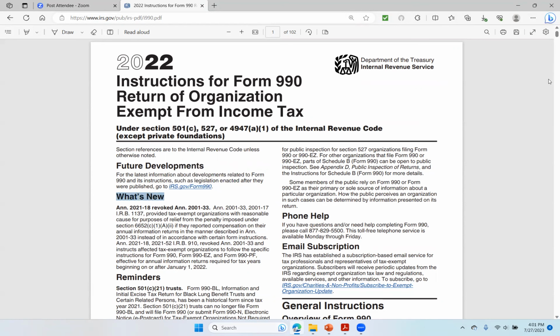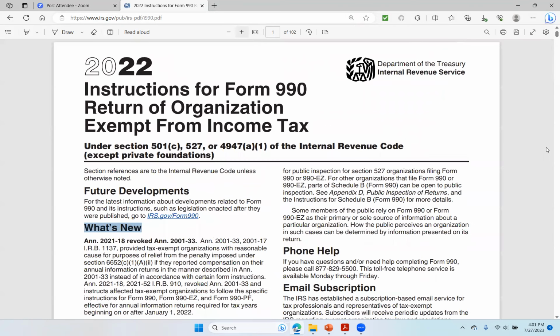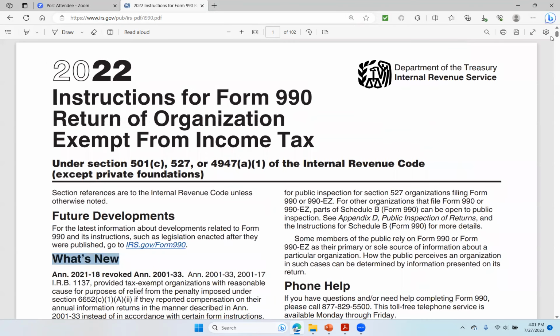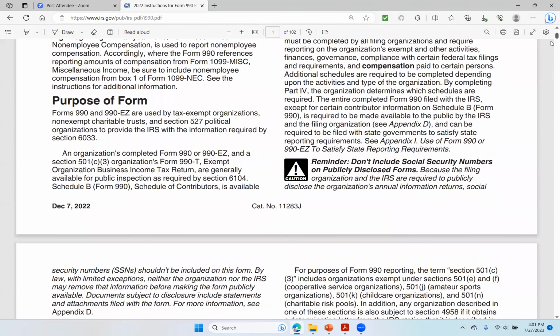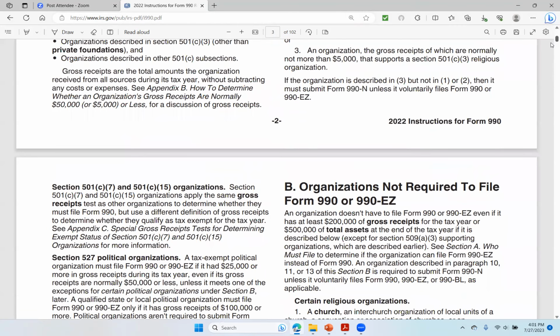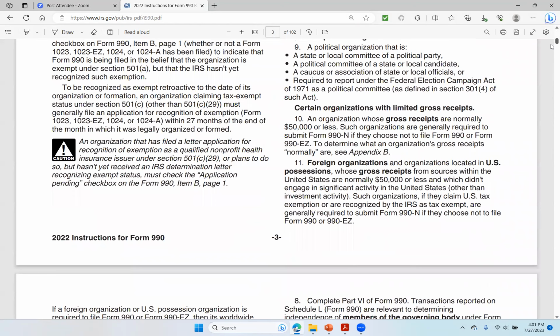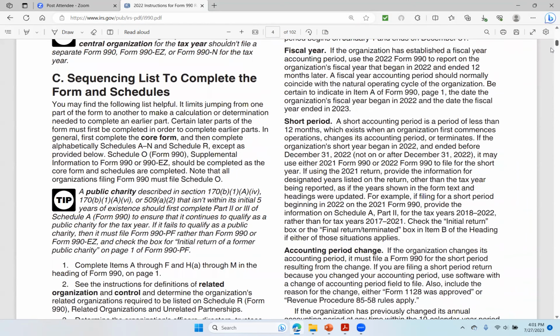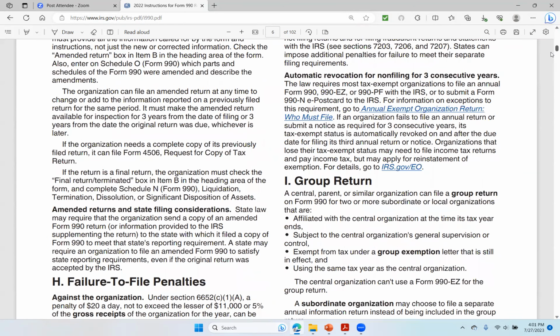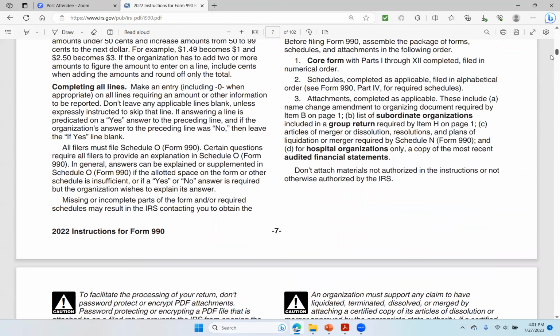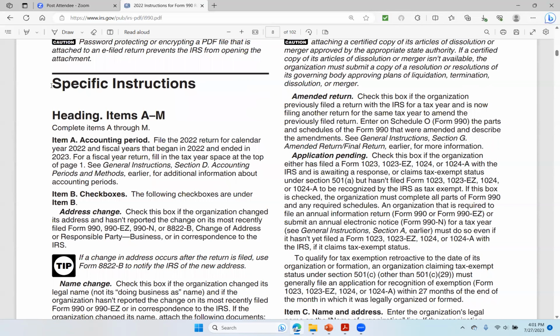But I like to just go here and let me increase the size just a little bit. I like to go to the instructions just to make sure I understand the question. So you can scroll through and you can get to the parts that we just talked about. And that way you would know, okay, you want to get to the specific instructions.